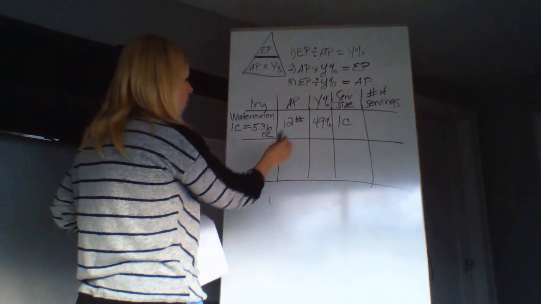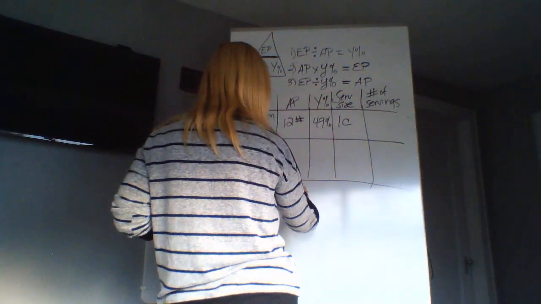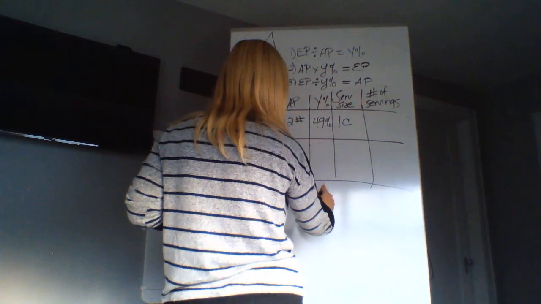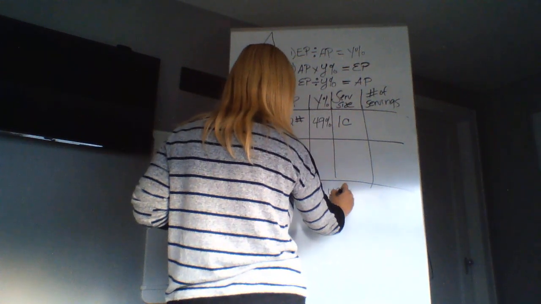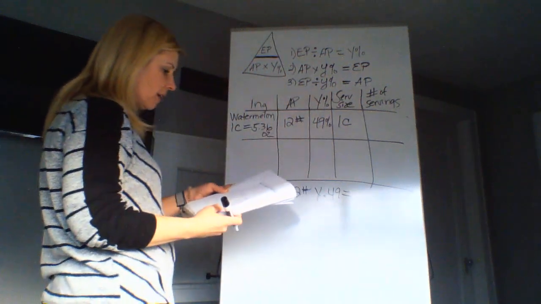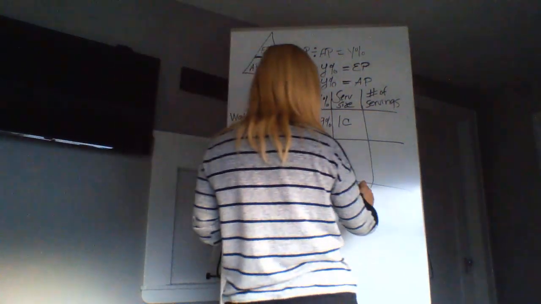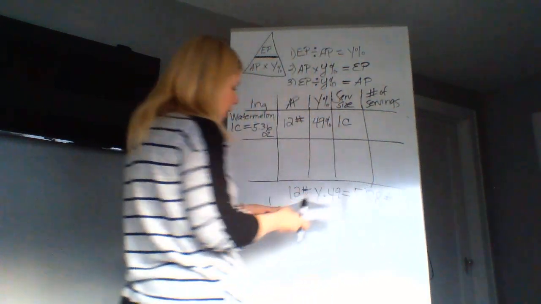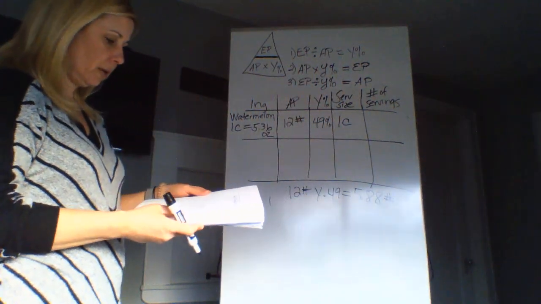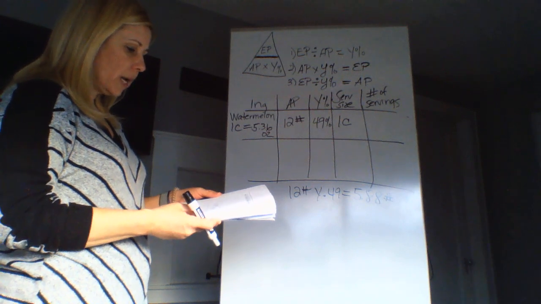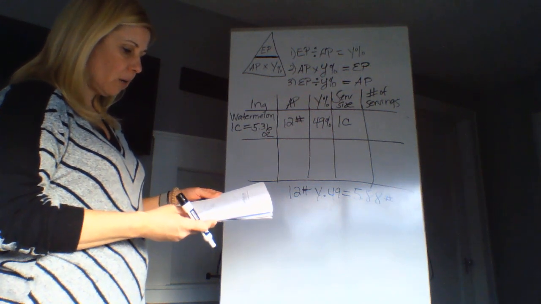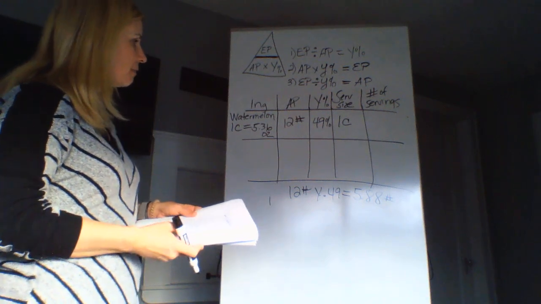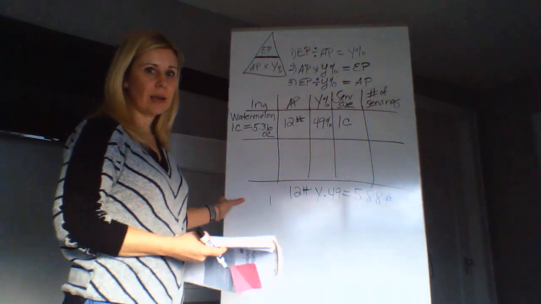So let's start by using our formula. 12 pounds times our yield percent, which is 0.49, will give us 5.88 pounds of usable watermelon, okay? Now, we don't know anything about how many cups that will be though, right?